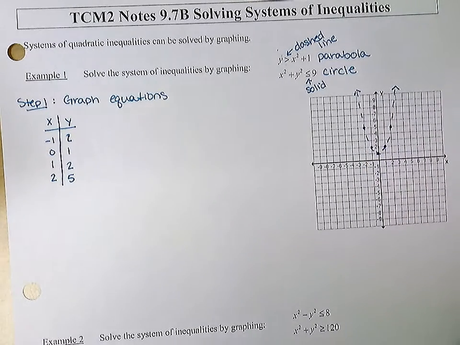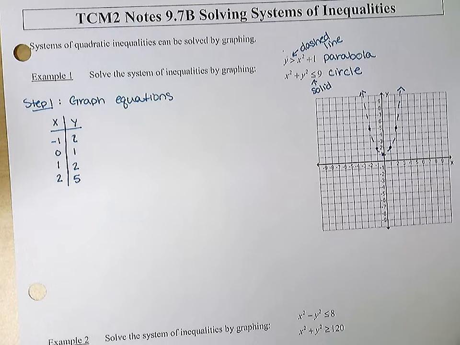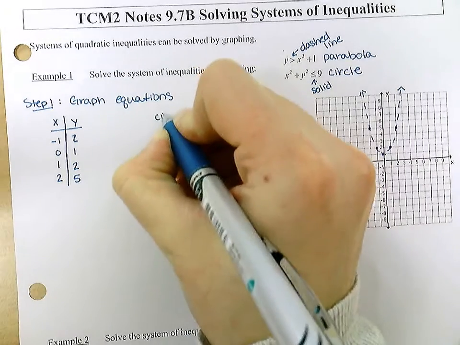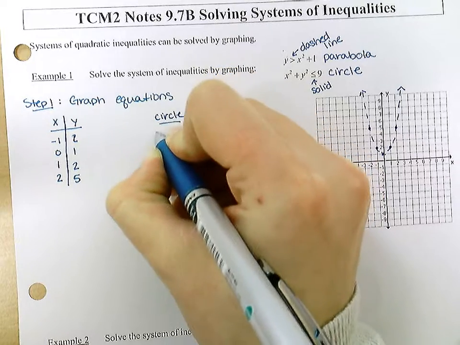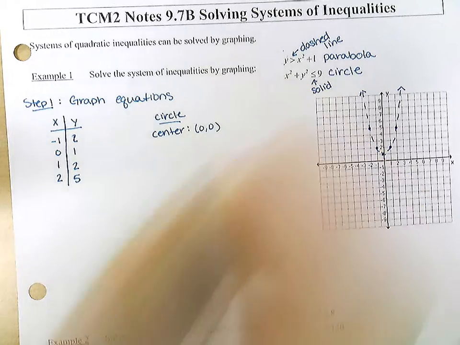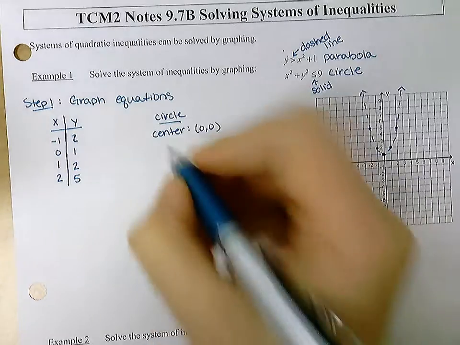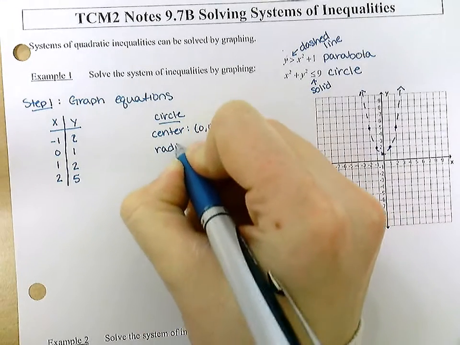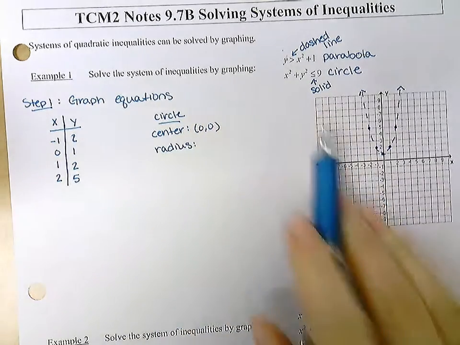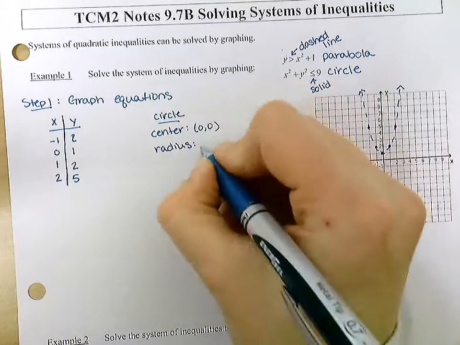Next I want to graph the circle. Your circle's center is what? 0, 0. So the center is at 0, 0. Radius: your radius is equal to the square root of that last number.